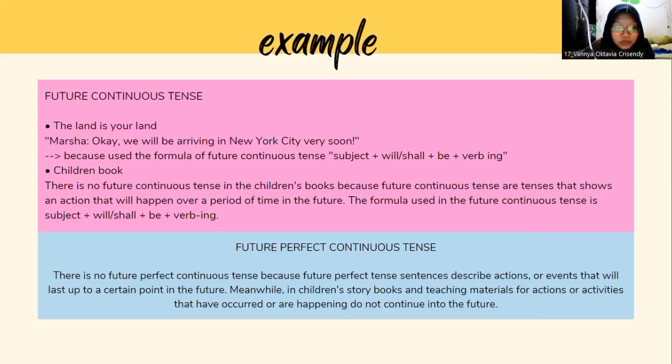Future perfect continuous tense: there is none, because future perfect tense tends to describe an action or event that will lead up to a certain point in the future. Meanwhile, in the children's storybook and teaching material, the actions or activities have occurred or are happening and do not continue into the future.